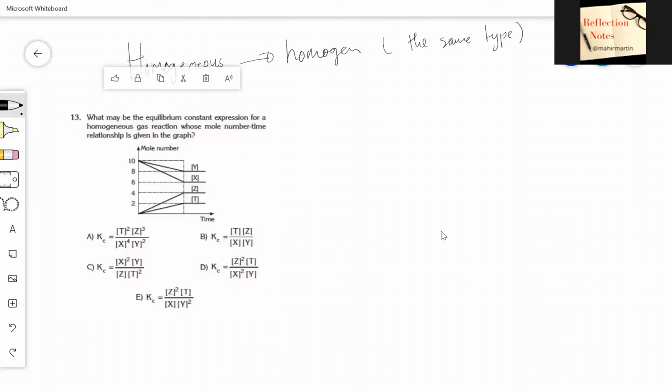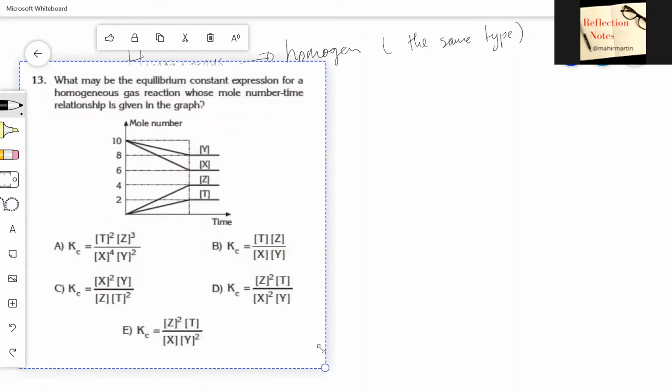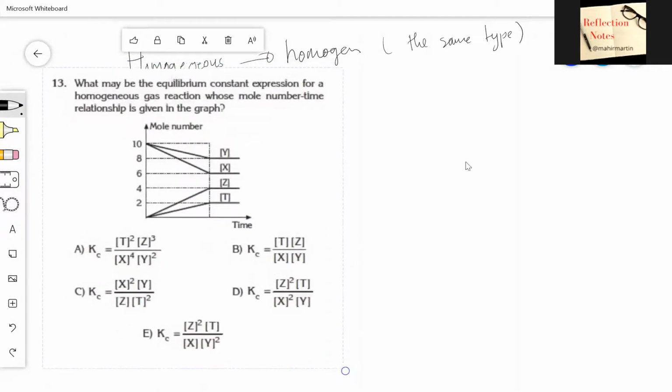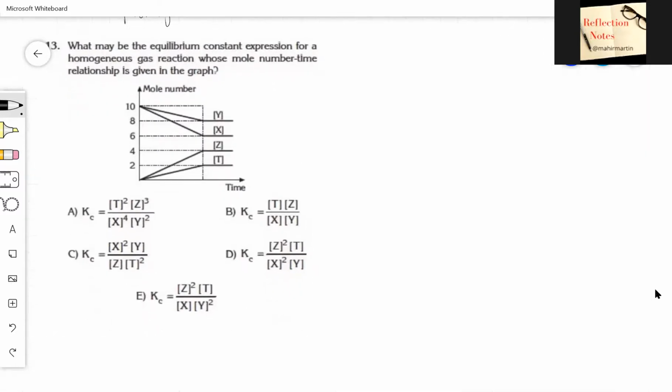What may be the equilibrium constant expression for the homogeneous gas reaction whose mole number and time relationship is given in the graph? From here we have 4 substances: X, Y, Z, and T. My question is, which ones are reactants and which ones are products?